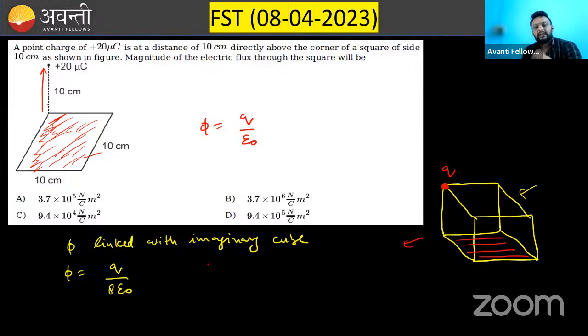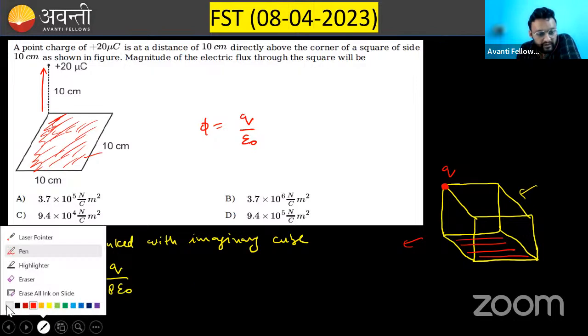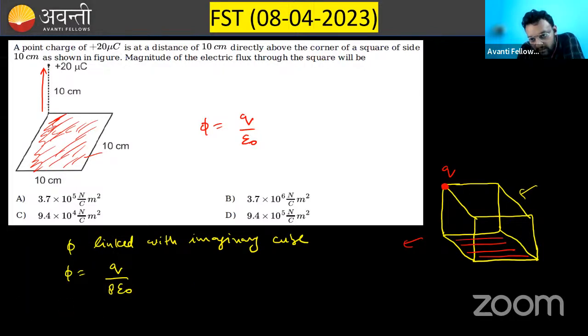Now there are 6 faces in it. Out of these faces, this adjoining face 1, adjoining face 2, and adjoining face 3, these 3 faces will have zero flux. That means all the flux is linked with only the 3 remaining faces.